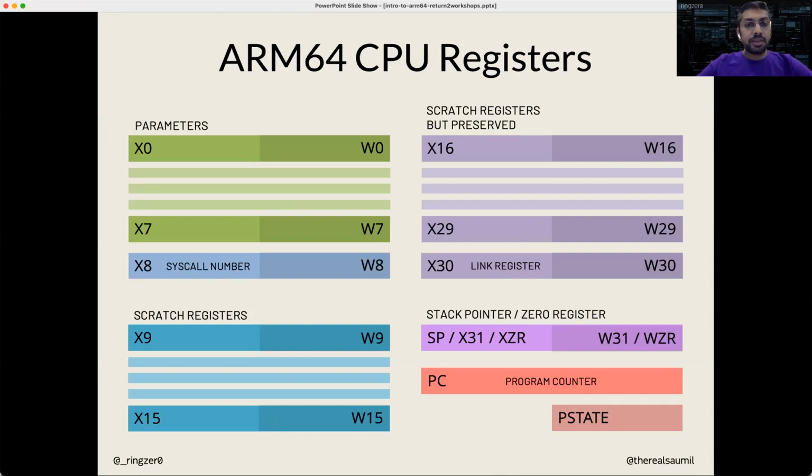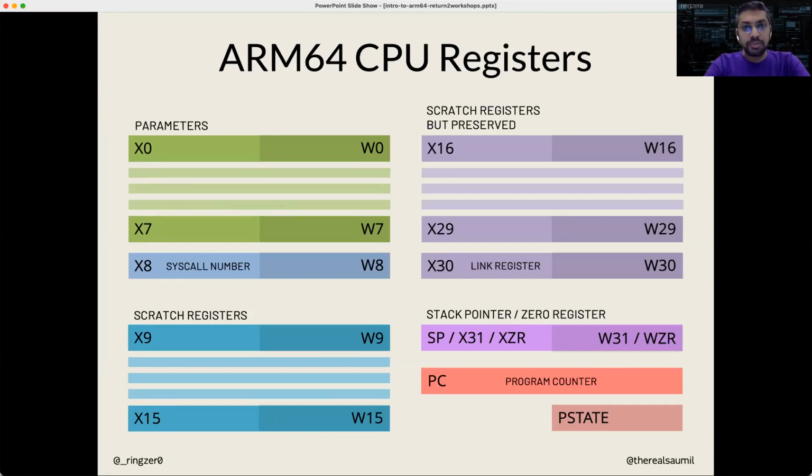The next question you might have in your mind is, okay, so what are these W0 through W31 doing? I'll get to those in just a minute. First, let me explain the purpose of these registers. Being a RISC CPU, just like every other RISC CPU, you have lots and lots of registers.